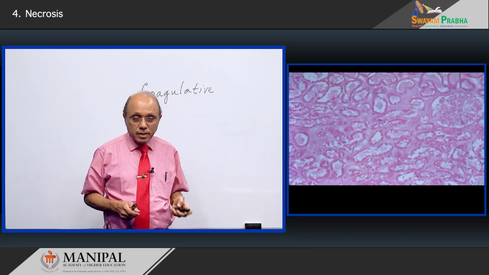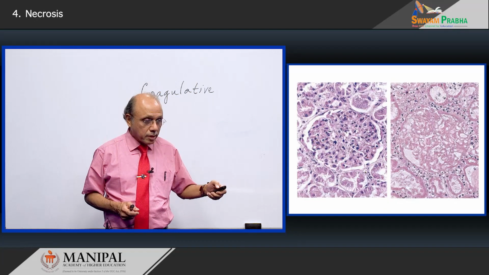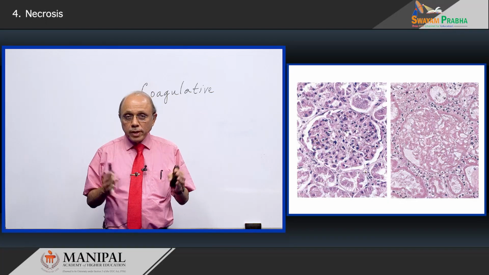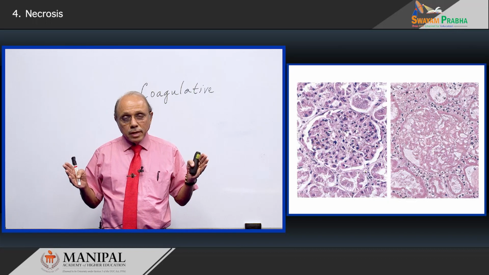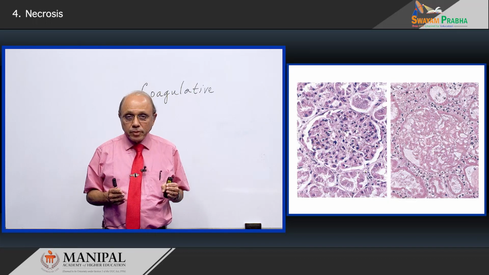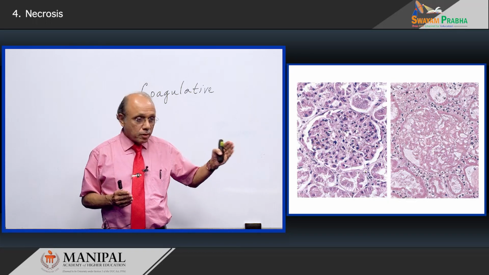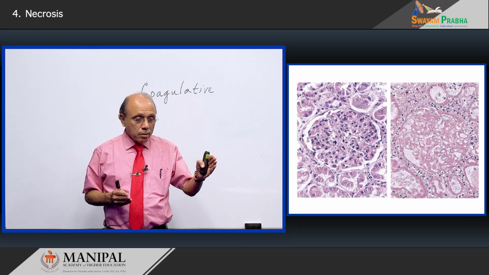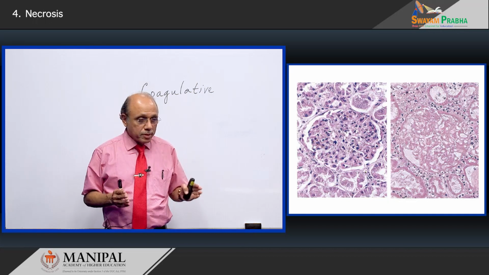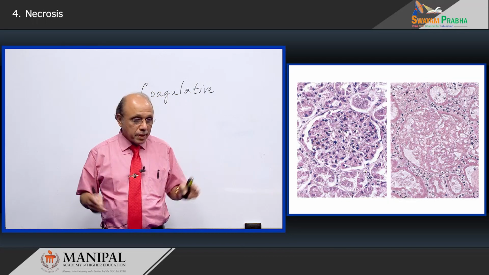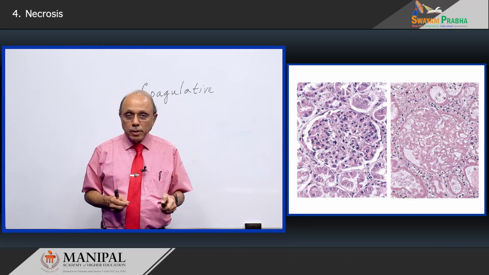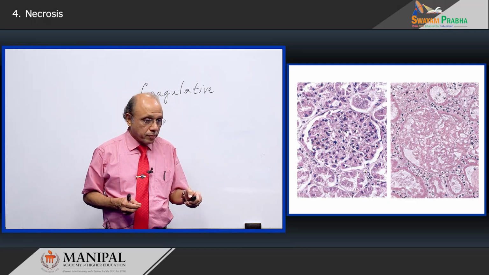This is again characteristic of coagulative necrosis. For you to see the contrast, you can see how the normal glomerulus looks in comparison with a glomerulus affected by coagulative necrosis.